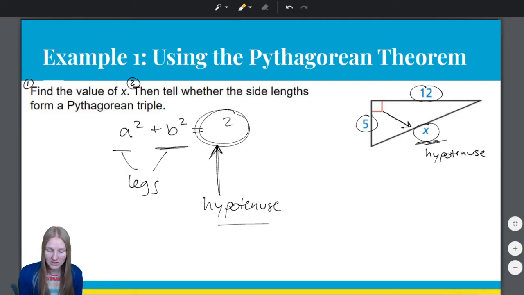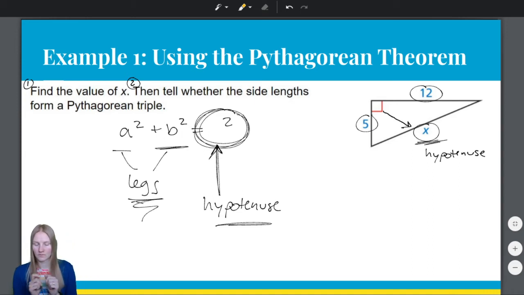Now this could be c, this could be x, it could be q, whatever you want. But whatever is alone on one side of the equal sign, that is the hypotenuse, and whatever you're adding together on the other side of the equal sign, those are the legs. So that's why I like to label my diagram.